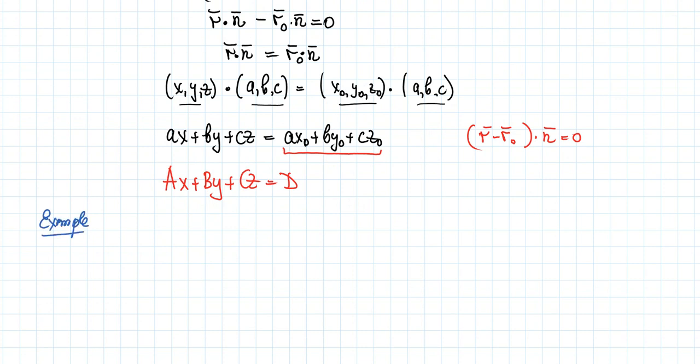Let's say we want to find the equation of the plane which goes through the point with the coordinates 2, 4, minus 1, with the normal vector n equal to 2, 3, and 4.